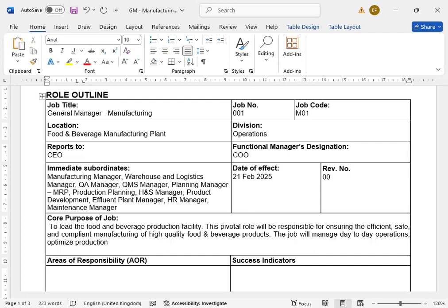It could be one sentence, two sentences, or three sentences, then that's enough. Or if you can put many things that belong to the core purpose of the job, then you also have to expand whatever you are going to put in the core purpose of the job.